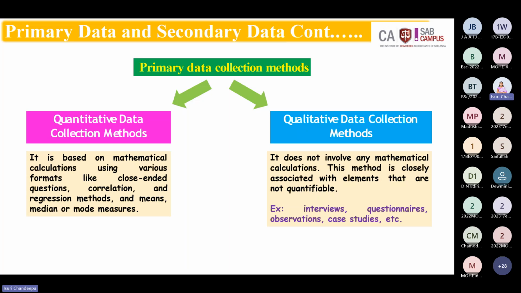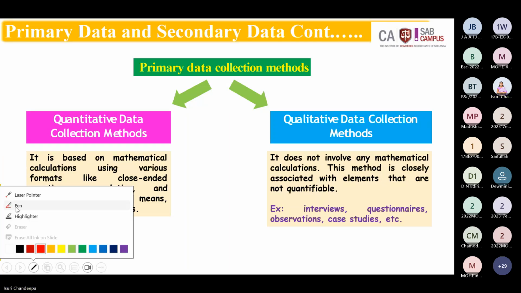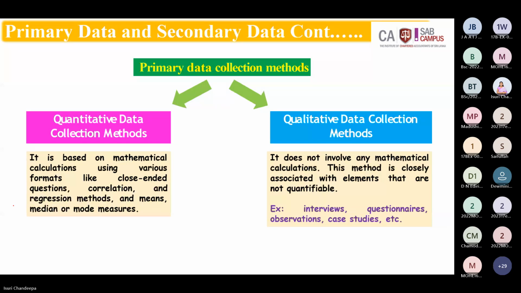But if you are doing a quantitative study, you can use either primary data as well as the other one, secondary data. It's like this. You have the chance to do a qualitative research. Right?